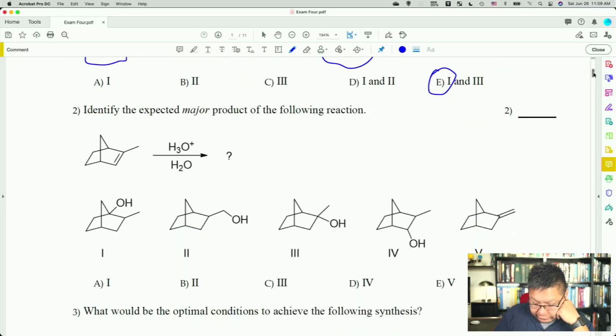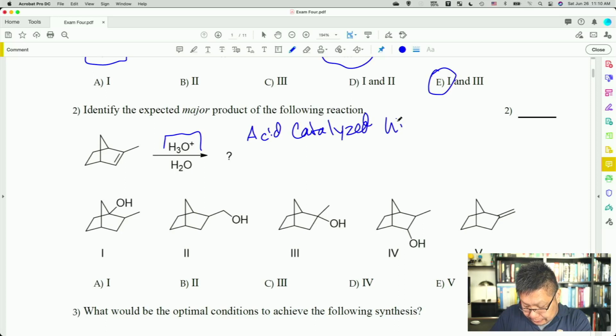Next, identify the major product of the following reaction. So when we have this here, this basically means hydronium and water. That basically means there's an acid in there, right? And so this is actually an acid catalyzed hydration.